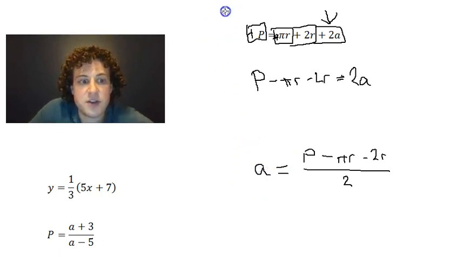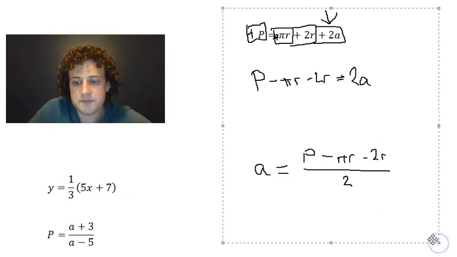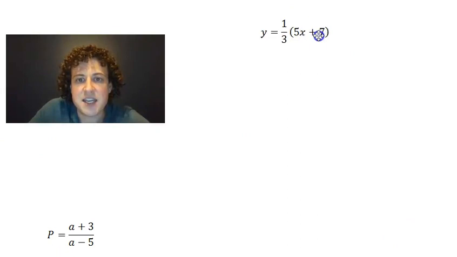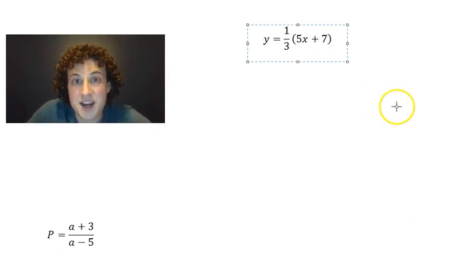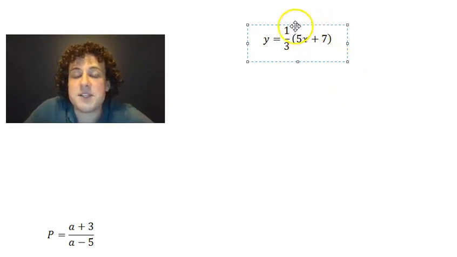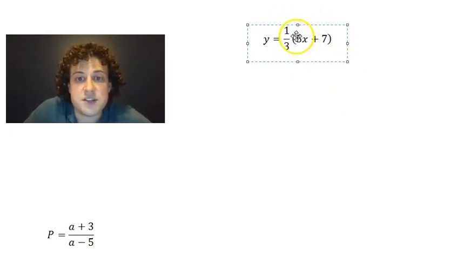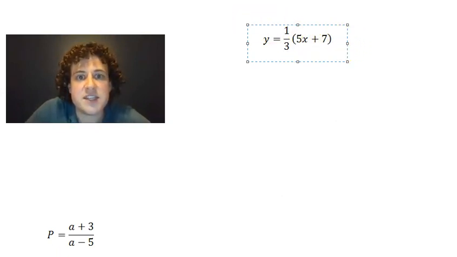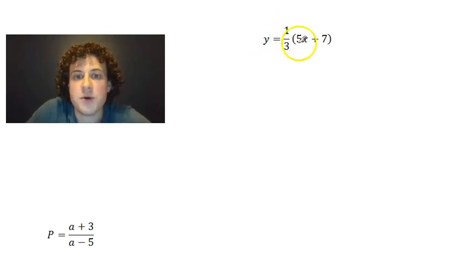Okay, let's have a look at the next example, which is slightly harder because there's a bracket and there's a fraction. So you might be tempted to say, oh, there's the 5x and there's the 7. I can't see any of that yet because everything is stuck together in one giant box.